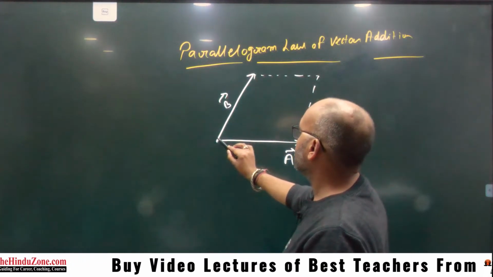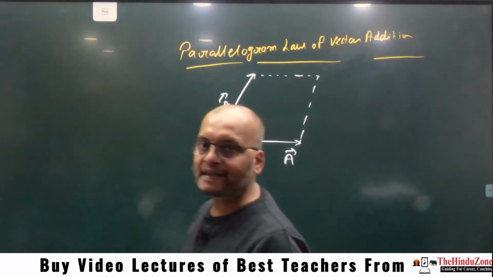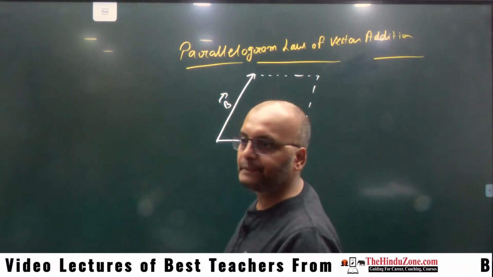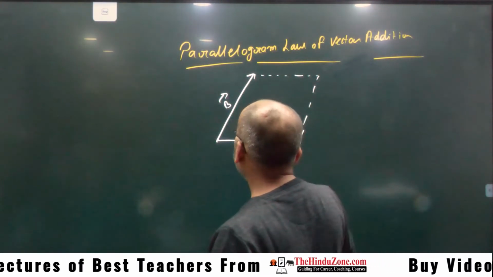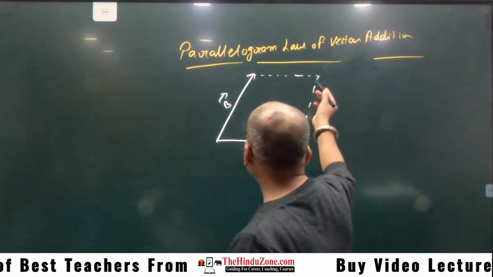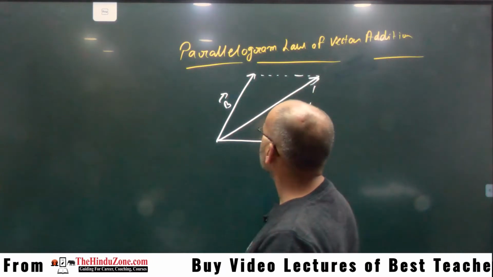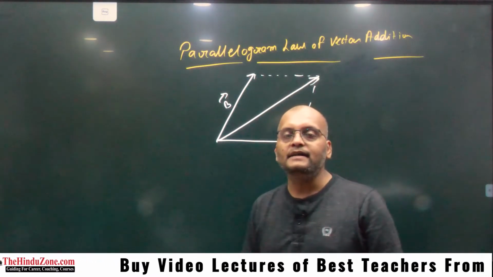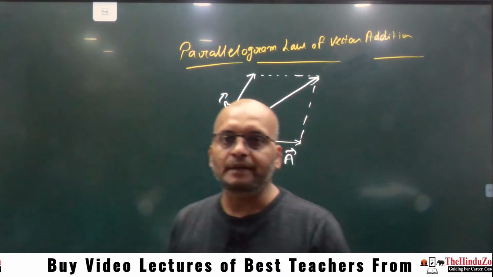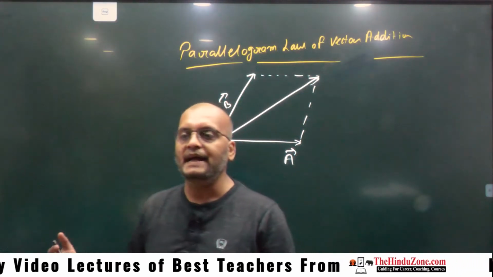So, at the point, or you can say junction, of vector A and B, you can draw a diagonal on the opposite side. You know what a diagonal is? This is a diagonal. So the diagonal to these two sides will be the resultant of A and B vector.